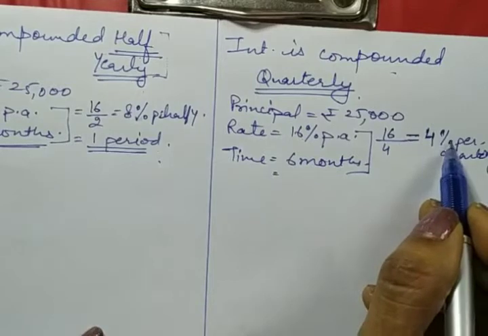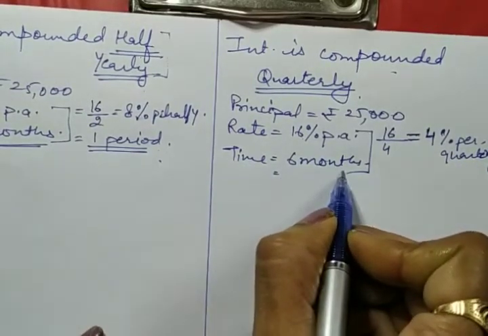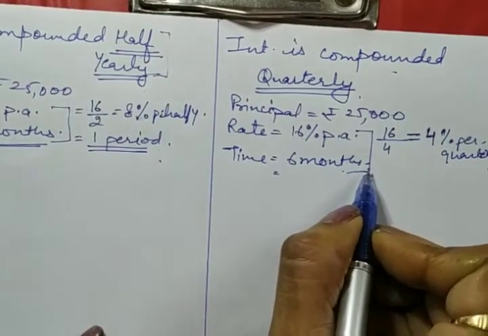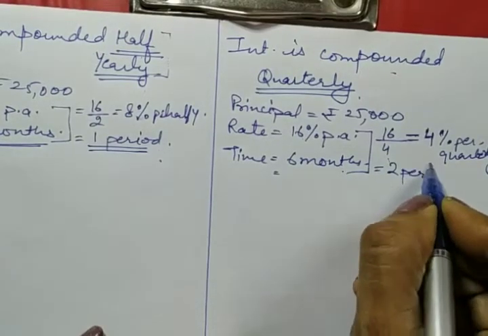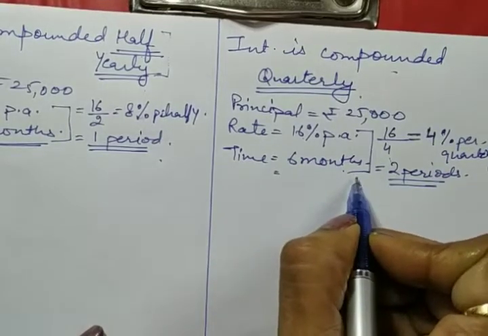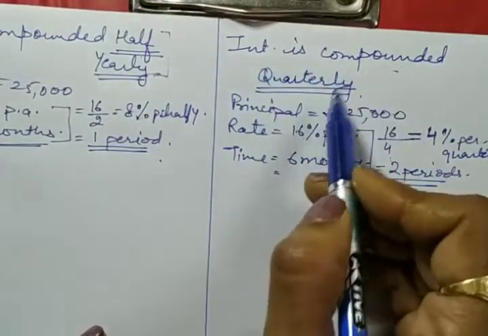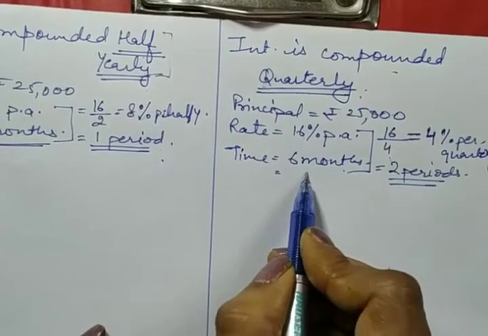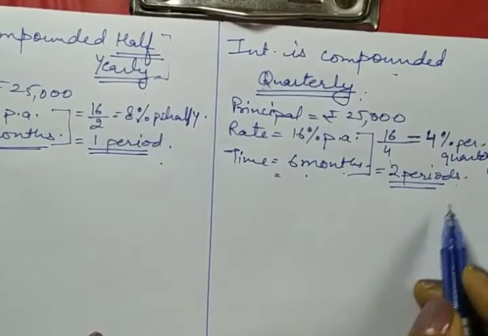So we get 4% per quarterly. Time is given, that is 6 months. As we know, there are total 3 months in each quarter of a year. So total 2 periods of 3 months in 6 months. As we have to compute the compound interest when interest is compounded quarterly, 6 months means 2 periods of 3 months.